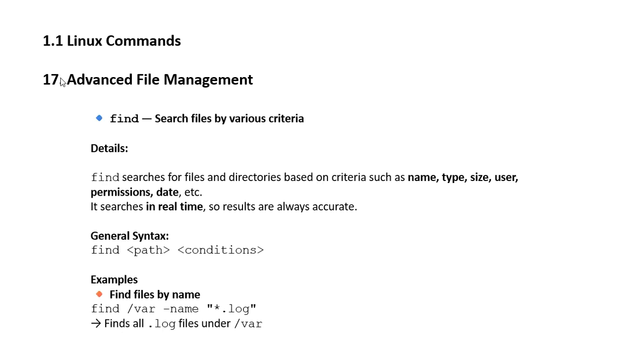In Linux commands, another subtopic is advanced file management, and the first command is find, which searches the files by various criteria. Find searches for files and directories based on criteria such as name, type, size, user, permissions and date, and it searches in real time so the results are always accurate.